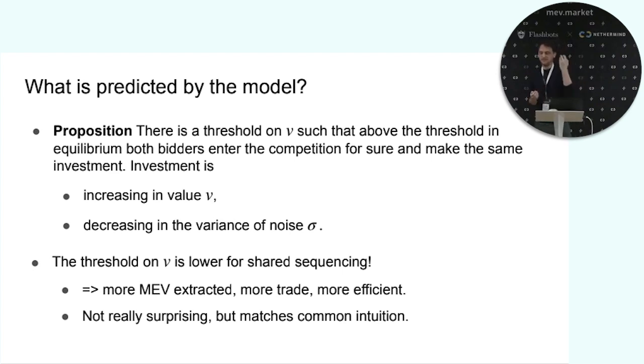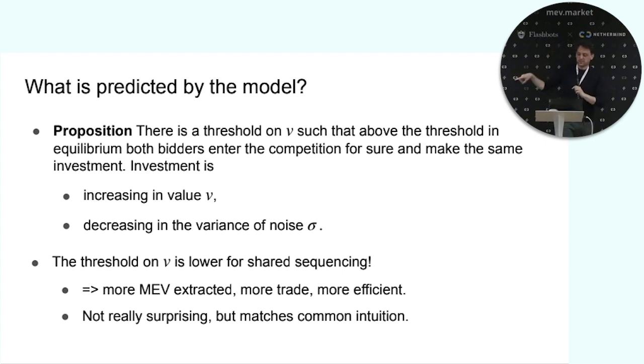So if the value of the opportunity of the arb is too low, people will just not extract it, right? It becomes too expensive, you wouldn't do that. If it's high enough, there is some threshold after which it's worthwhile to exploit it, then both bidders enter this sort of competition. They try to outcompete each other, and then the investment obviously is increasing in value and depends on the variance in this competition.